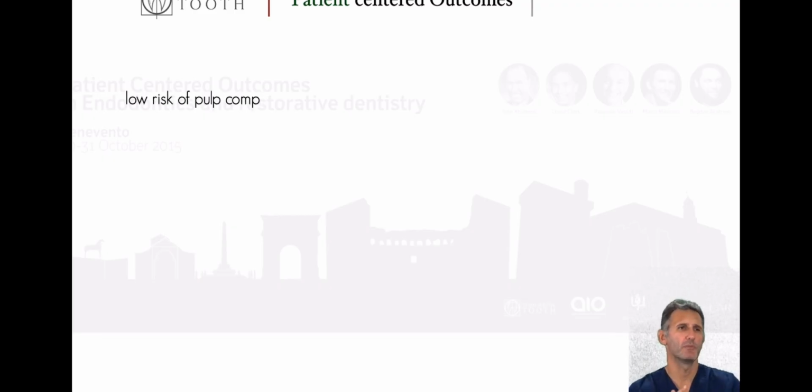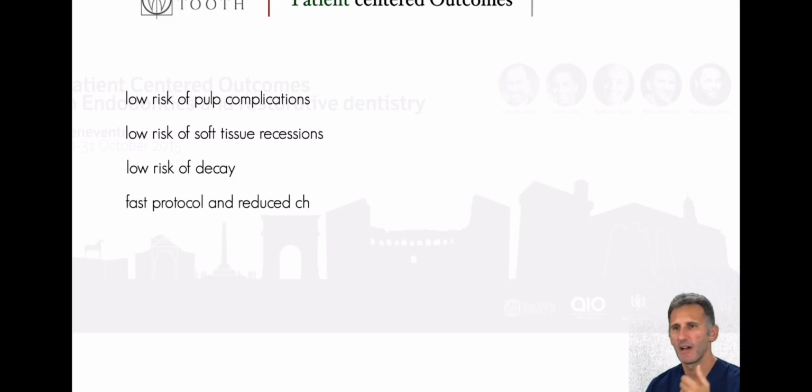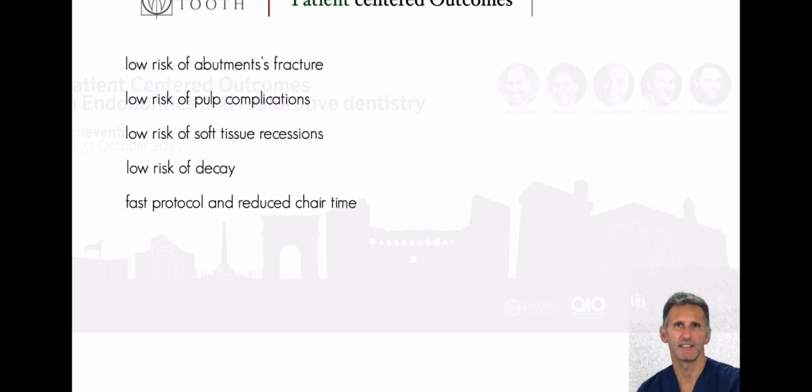So, because I want to do bread and butter dentistry, if we ask the patients and we just translate in dental words their desires about a prosthetic treatment, what can the patient ask from his dentist? I don't want my tooth to break after you drill my tooth. Low risk of abutment fracture. I don't want my tooth hurts after drilling, so low risk of pulp complications.